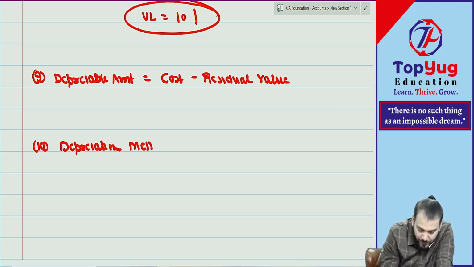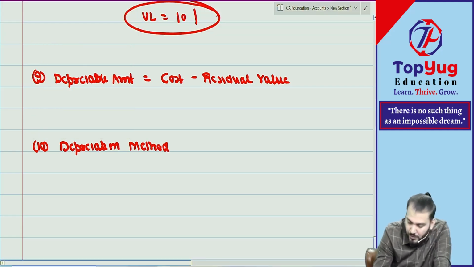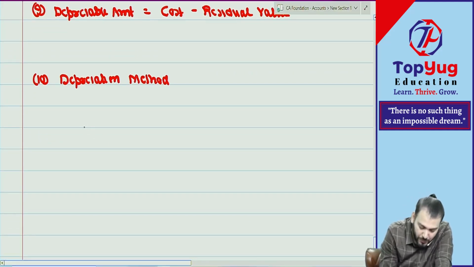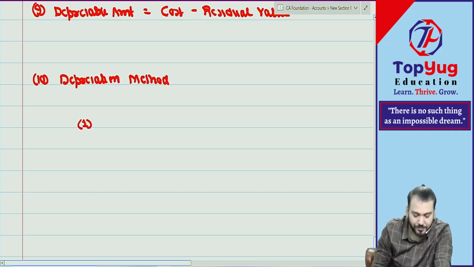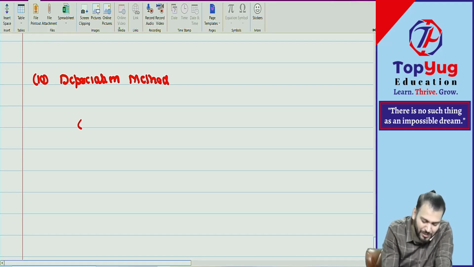Does anyone have the book? Tell me, what is the first method given in it? Whatever is given, that only I will write down; whatever is not given, I will not write.